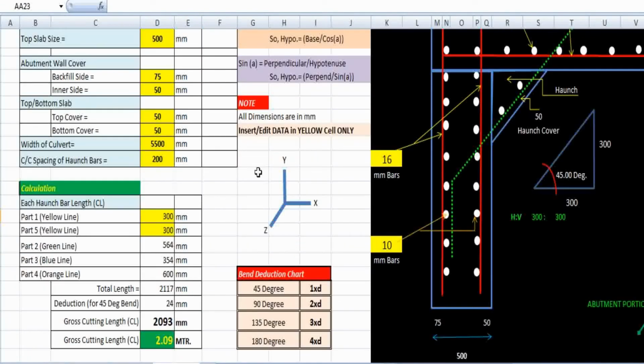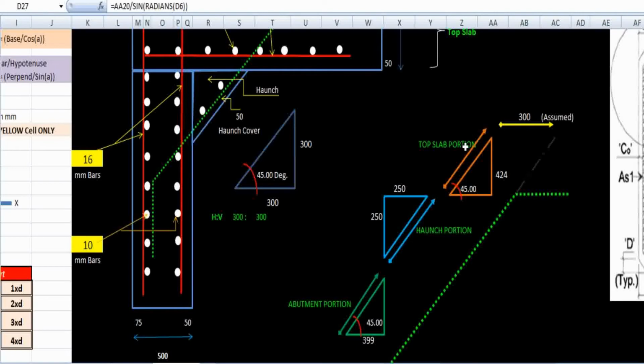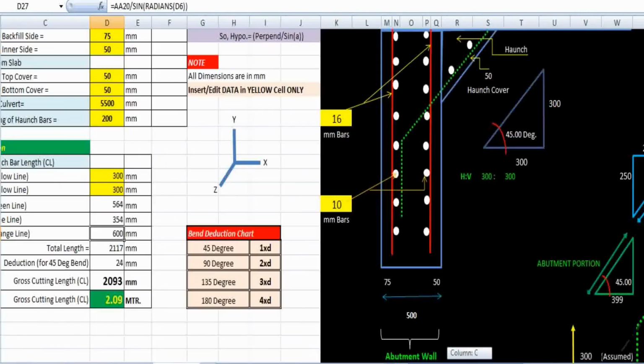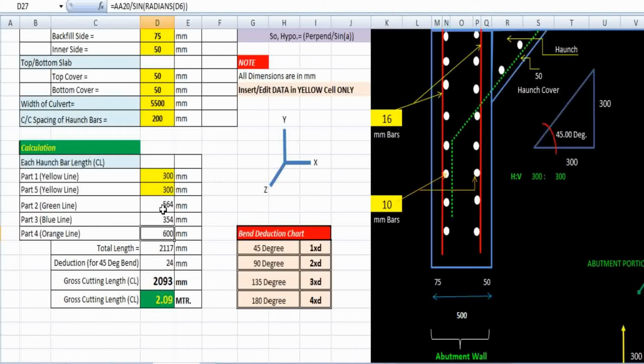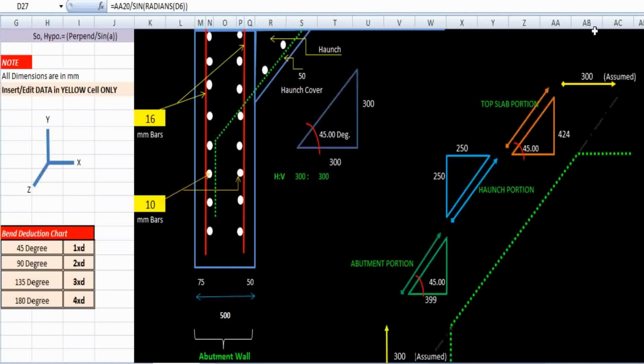By incorporating all these values, we will get the value of the orange line as 600 mm. So this line portion has the value of 600 mm. So finally we got the entire dimensions: 300 mm, next the line value of 564 mm, next the blue line value of 354 mm, next the orange line value of 600 mm, and ultimately at last we got the value of 300 mm.